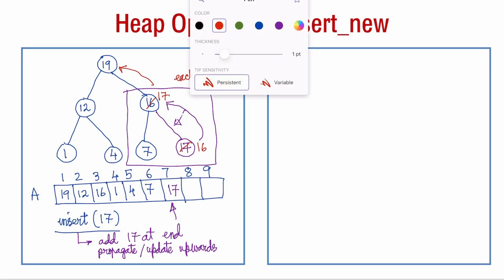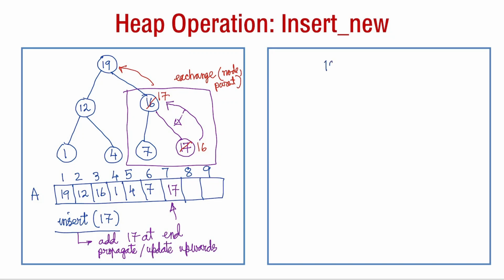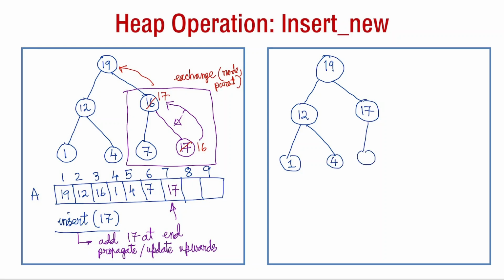Let us see another example. Suppose this was 19, 12. So after this, this has become 17, this has become 1, this has become 4, this has become 7, this has become 16, and now I want to insert, let us say, 23. So the question is, where will I insert 23?